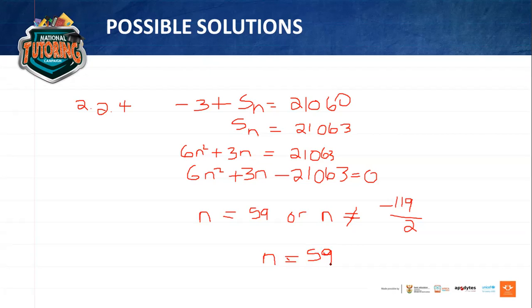Remember, to move from here we use the quadratic formula as we did last time, and from there you get your value of n. So there are 59 first differences that must be added.